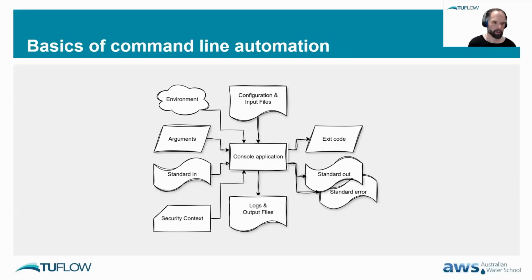Executables, like any program you run, scripts running on a scripting engine, TUFLOW itself, they are all console applications in that they take in text streams, they produce text streams, they read input files, they write output files, you give them arguments, and they produce an exit code at the end, and they operate within the environment in a security context. And this is true really for any application. But mostly the ones you use in automation are the ones that only do this. They won't have a GUI, they'll just do this.